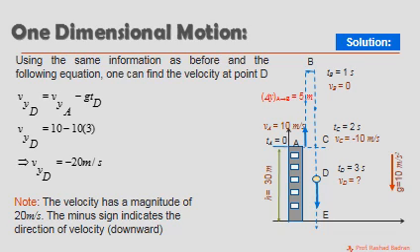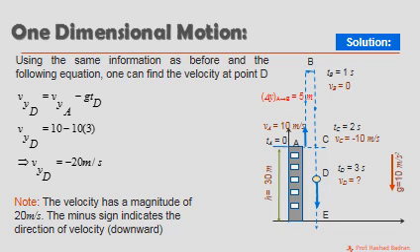Another way might be carried out. For instance, we can start from C, where we have a time from C to D, which is equal to 3 minus 2 seconds. The time as the ball goes up and down to point A, the same level, is 2 seconds.